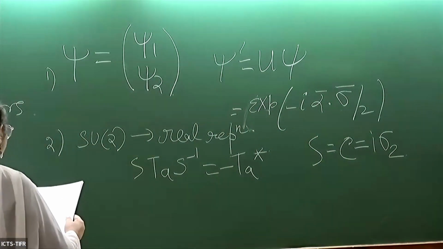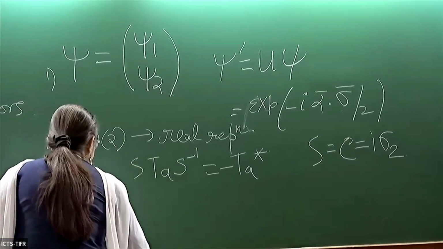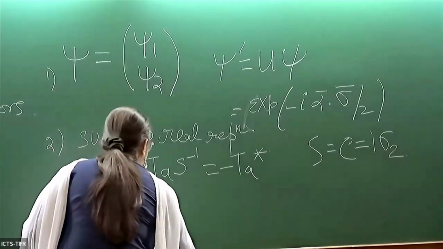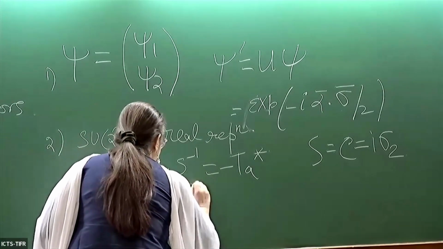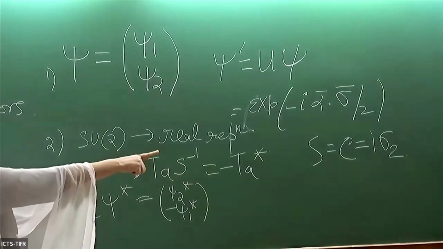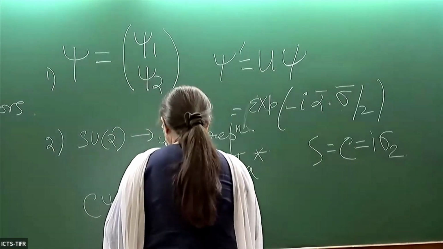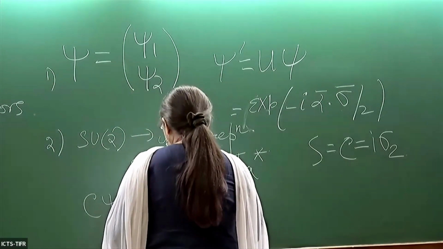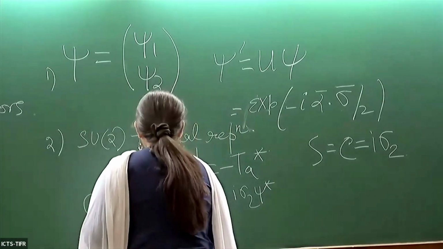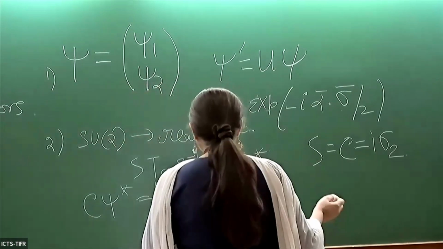What we can show is that if we construct C psi star, which is equal to psi_2 star, minus psi_1 star, so C is i sigma 2, this is equal to i sigma 2 psi star. This transforms also as U.